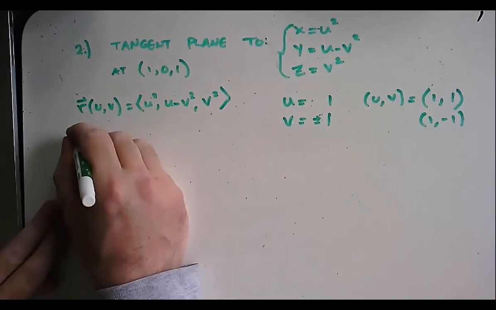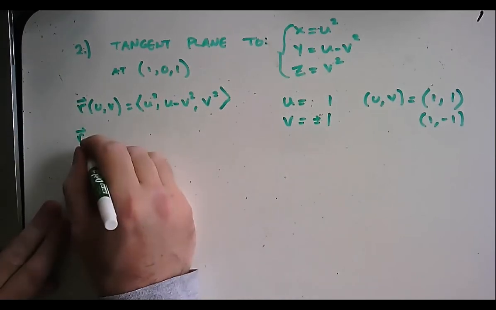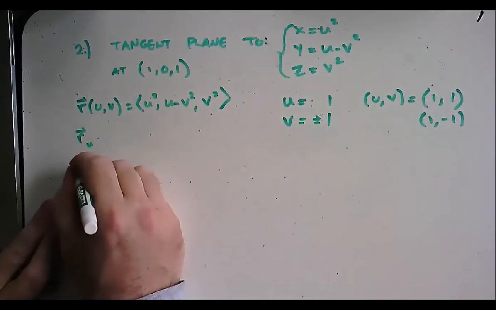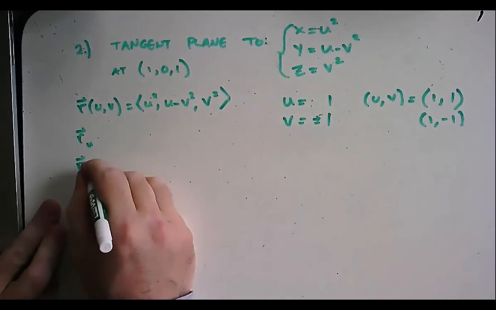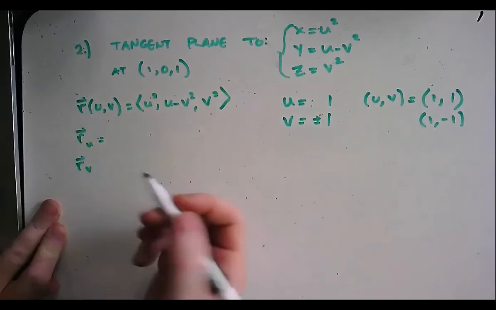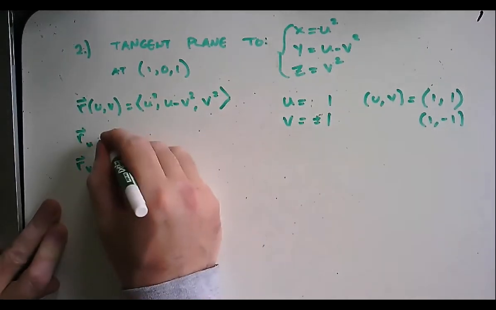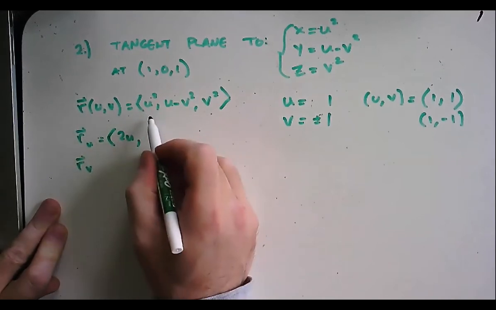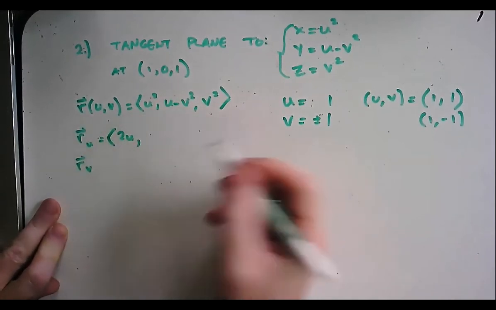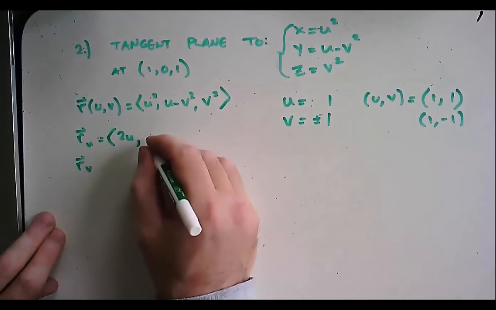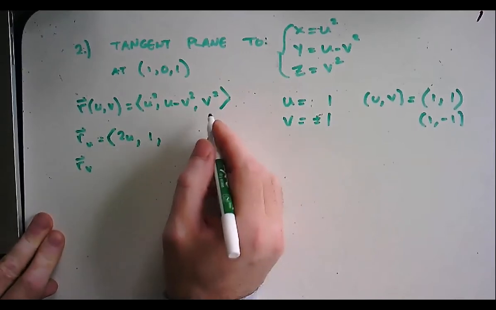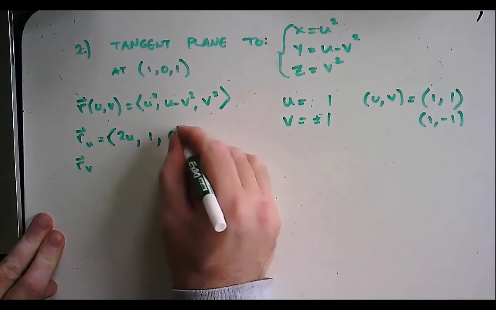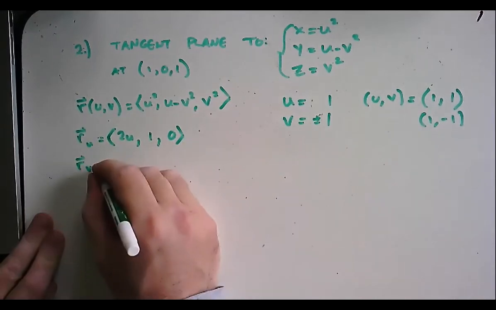So we'll take r sub u and r sub v. The partial derivative with respect to u would give us the vector 2u, 1, 0, because negative v squared we treat as a constant. So there's our derivative in the direction of u.